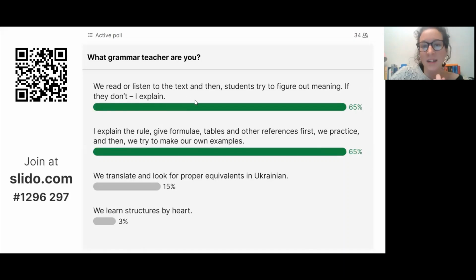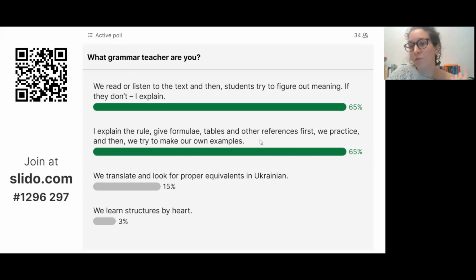We read, we listen, we get the context, then students try to figure out the meaning, and then, it's not voluntary, I still explain, I give the rule, I give them formula tables and other references, but it's not the first thing to do.